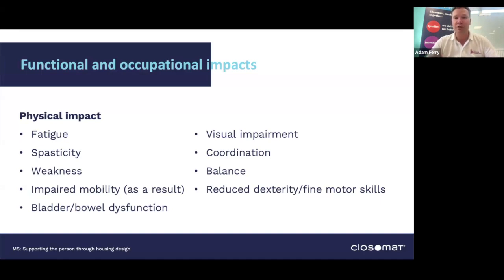Now, interestingly, if you looked at all those things and you put, say, this and, I don't know, Parkinson's presentation side by side, a lot of those could feature across them both. But what we need to understand is that there's distinct differences as to why.